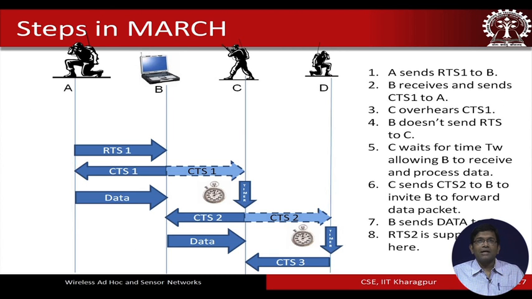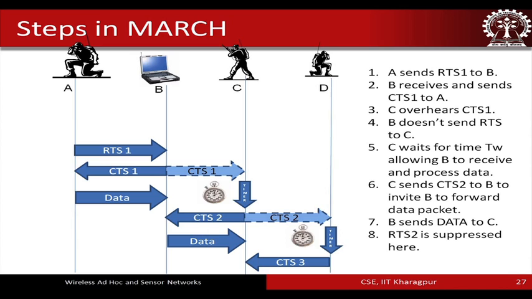So, let us now look at this timeline diagram. We have 4 different nodes A, B, C and D. Let us look at this scenario of transmission and the steps in MARCH. So, let us follow the different steps. Let us assume that node A sends the first RTS1 to node B.